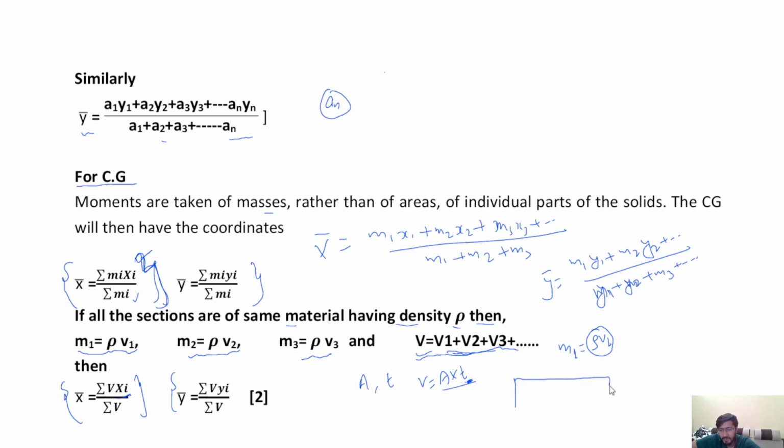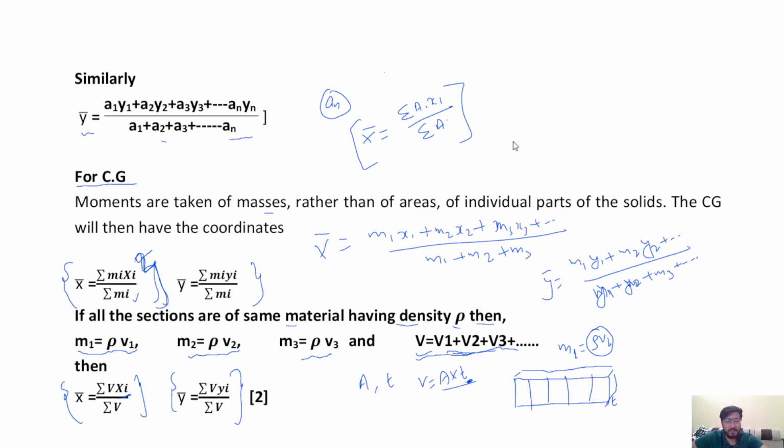If we consider this plate having A1, A2, A3, A4, and the thickness of this body is the same, finally this formula is reduced to the above form, that is x bar is equal to summation of A1x1 divided by summation of A. So this is the final form of x bar and y bar.